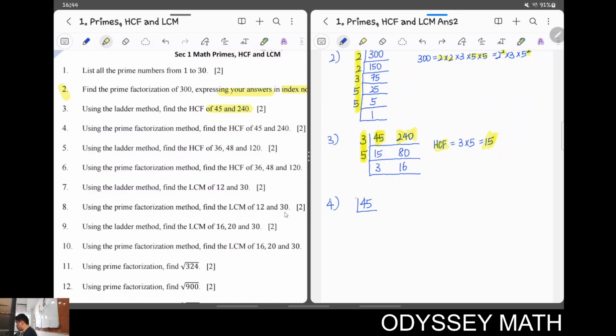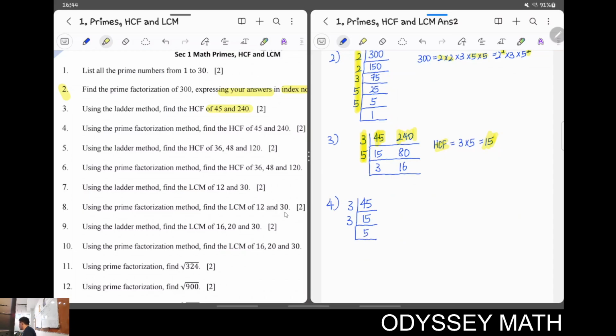Can 45 be divided nicely by 2? No. Can 45 be divided nicely by 3? Yes. So 45 divided by 3 is 15. Can 15 be divided nicely by 2? No. Can 15 be divided nicely by 3? Yes. So 15 divided by 3 is 5.